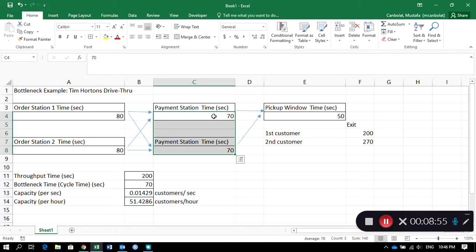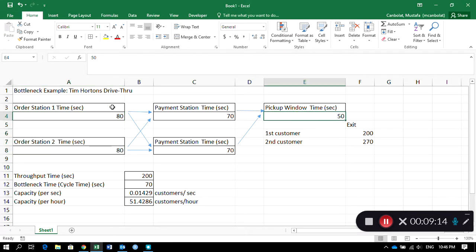So the cycle time for the payment station is technically 35 seconds. And the order station is 40 seconds because there are 2 order stations and 2 payment stations, and the pickup window happens to be only 1, so that's 50 seconds.